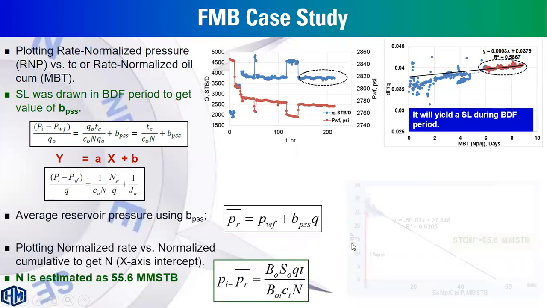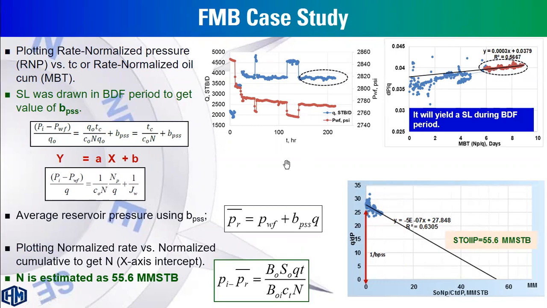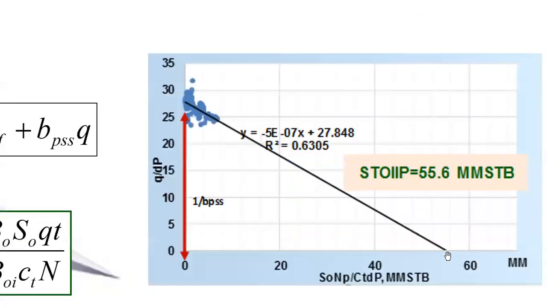We can also generate this relationship, Q over dP against the normalized cumulative oil. In this relationship, the x-axis intercept will be the STOIIP, or N. In this example it is estimated as 55.6 million stock tank barrels.